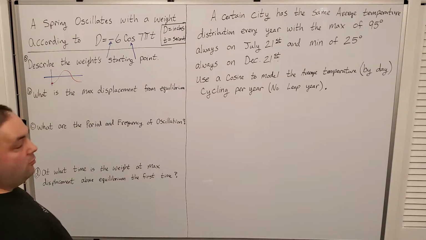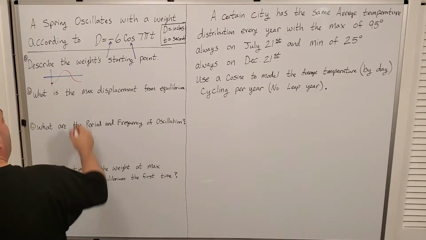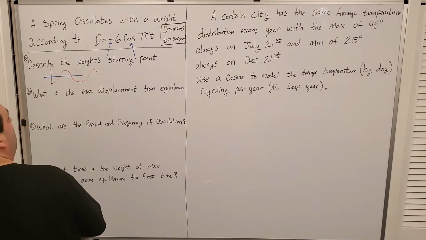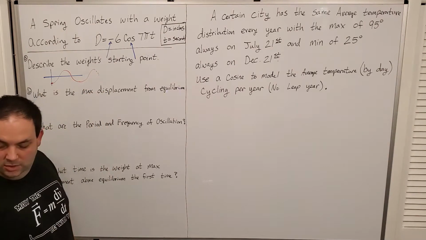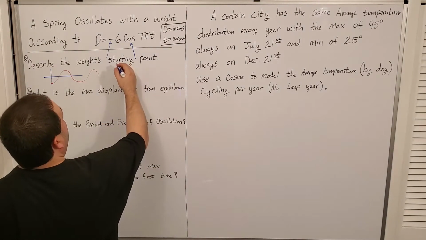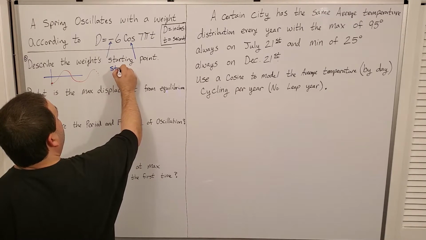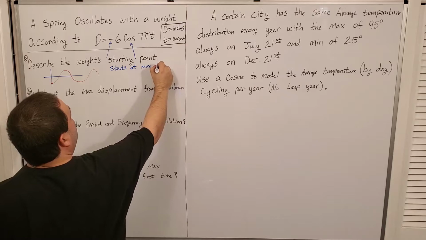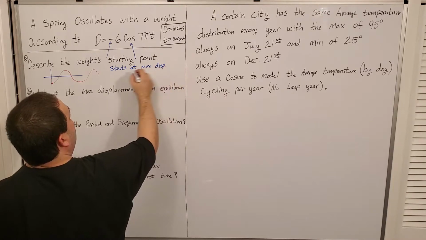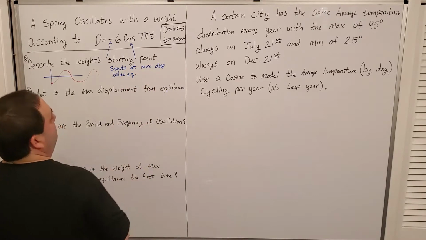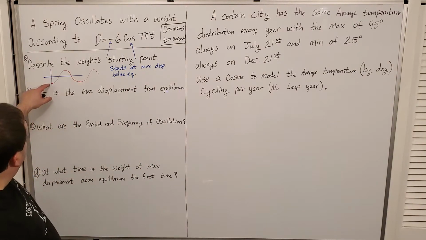Right? That would be my reflected cosine. And then, of course, it would continue on in that same pattern, so on and so on. So describe the starting point. It would start at max displacement below equilibrium, right? It starts at a bottom.